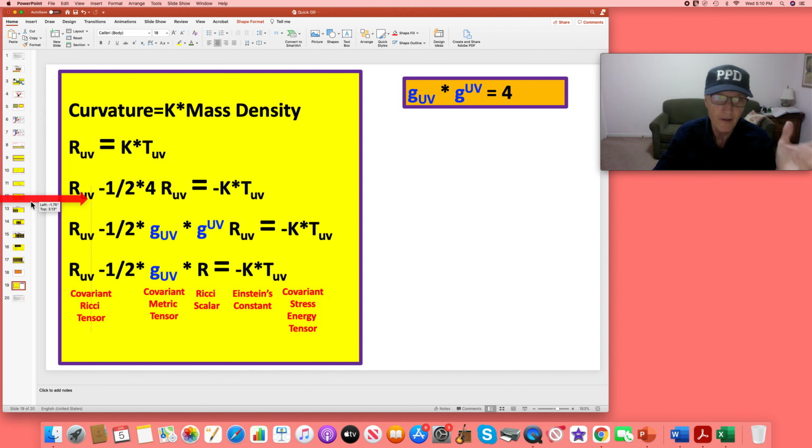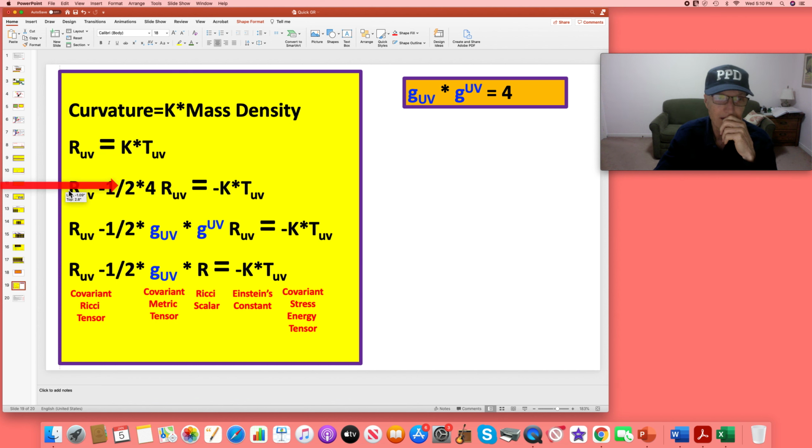So if you have R subscript UV, and that's equal to K times T subscript UV, if you subtract 2 of those, then the first time you subtract K times T subscript UV, you get 0. And then you subtract it again, you get negative K times T subscript UV. So we're on to this step now. That's what we have here.